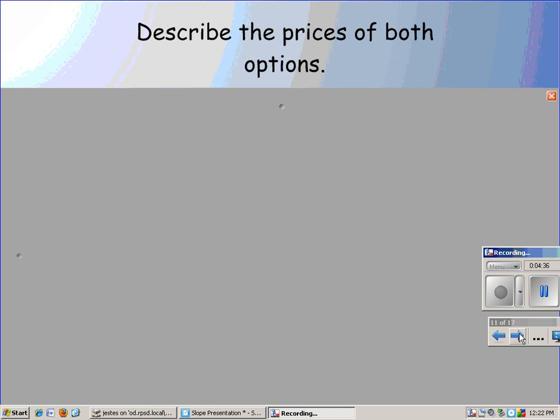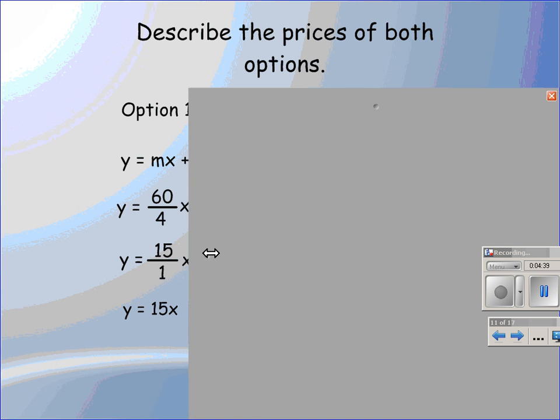Okay, let's look at option 1 first. We start out with slope-intercept form. And then next, we know that the rate of change is 60 over 4, and that it crosses the y-axis at 0.